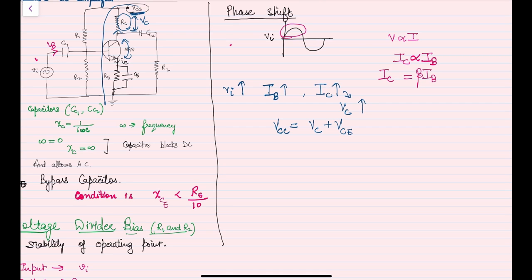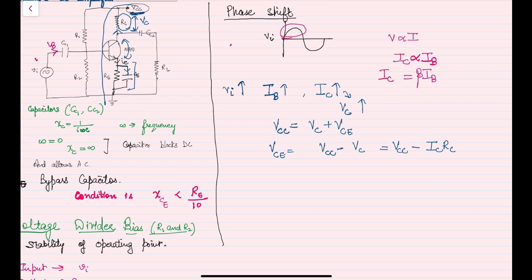There is no potential drop across here because we have made the current pass through this bypass capacitor. So the output voltage, which is VCE, is given by VCC minus VC, where VC is IC RC.